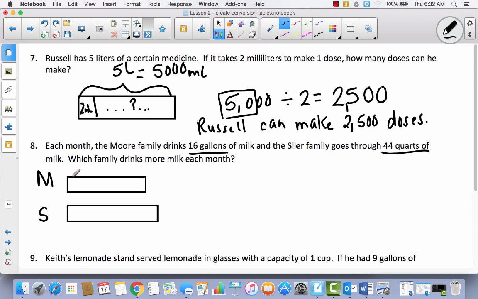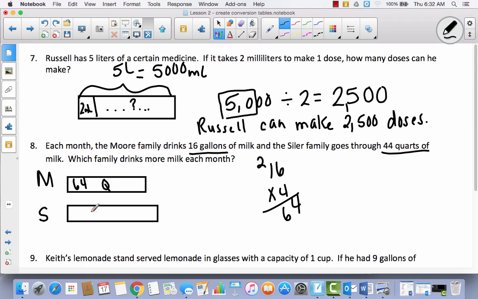So I know that the Moore family drinks 16 gallons. Okay, how many quarts are in a gallon? 4, right? So if I took 16 times 4, that would give me 24. 4 times 1 is 4 plus 2 is 6. So this will be 64 quarts.